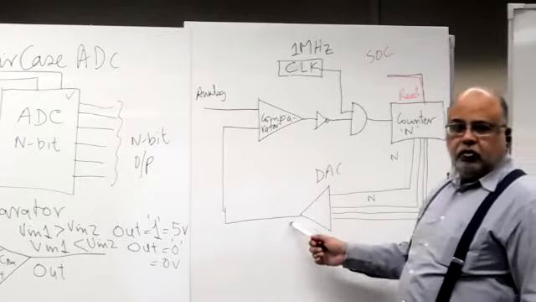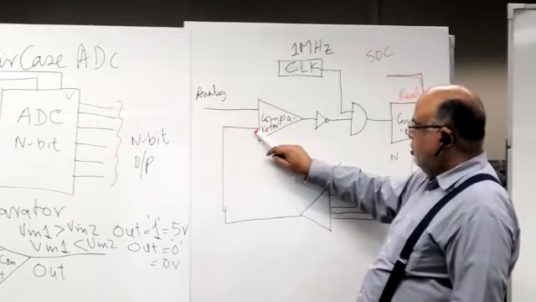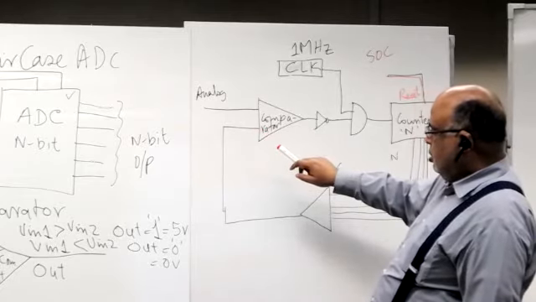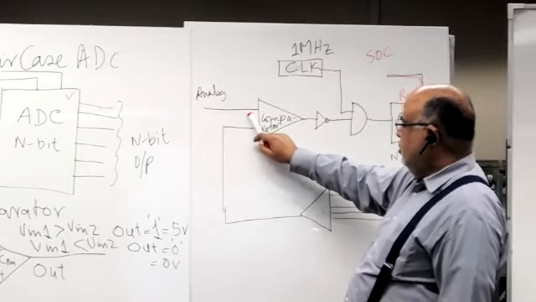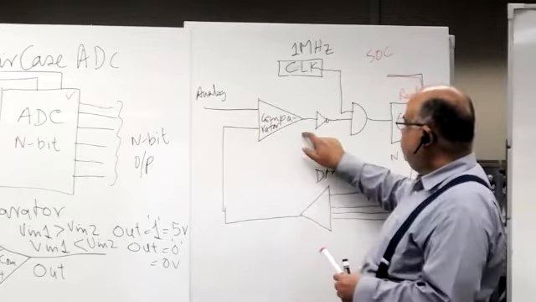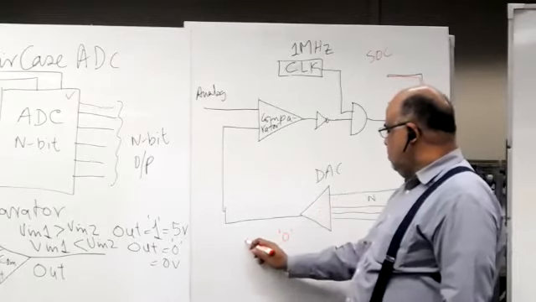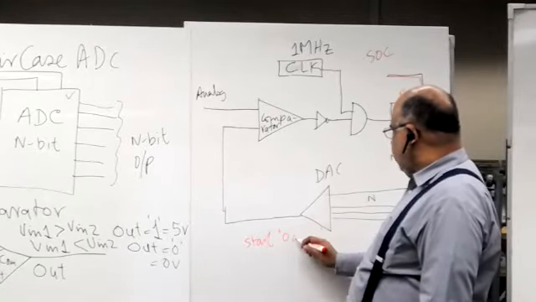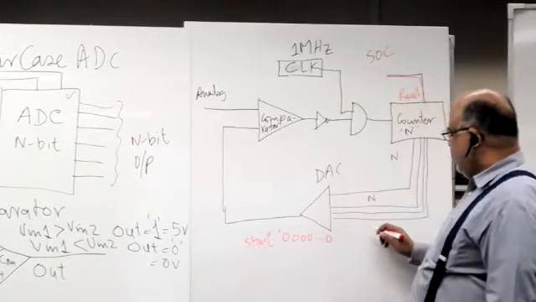That output 0 goes back to the comparator. The input will be 0, 0, 0 and the output will be 0 volt.